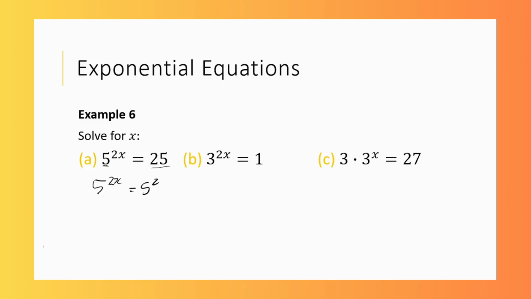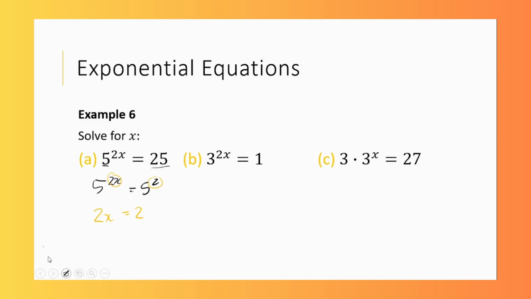Now currently our bases are the same, meaning for the left-hand side and the right-hand side to be equal, our exponents are also equal. So 2x is equal to 2, and our goal is still to find x.